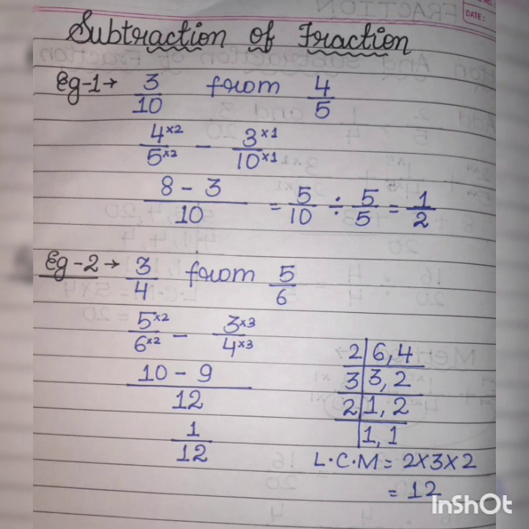So we have to multiply it by 3, and multiply by 3 on the numerator also. So 10 minus 9 is 1. So the answer is 1 by 12. It is, students, already in the lowest form. So the answer is 1 by 12.